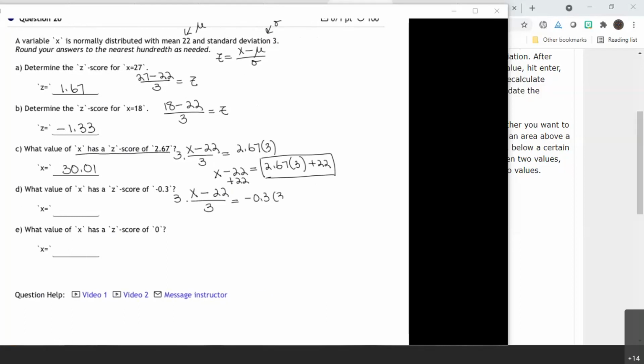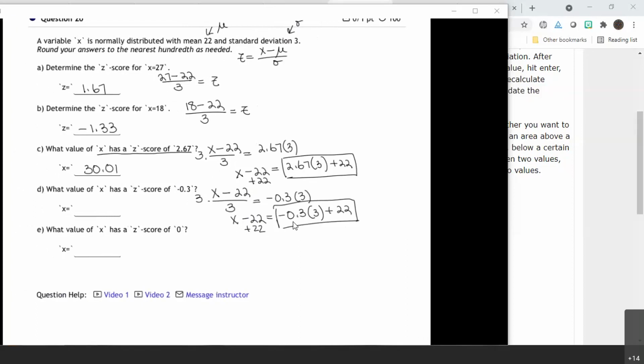Multiply both sides by 3, then add 22, and evaluate that on a calculator. Since it's a negative number times 3, it's going to pull the value away from the mean, so I should get a value less than 22, and I do. I get 21.1.